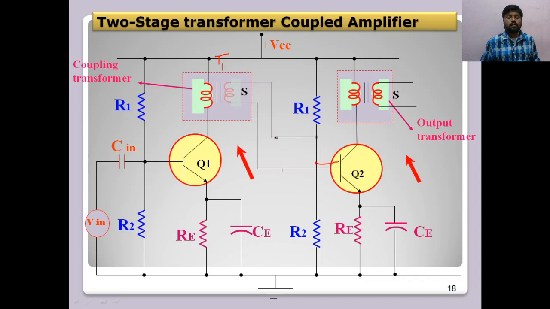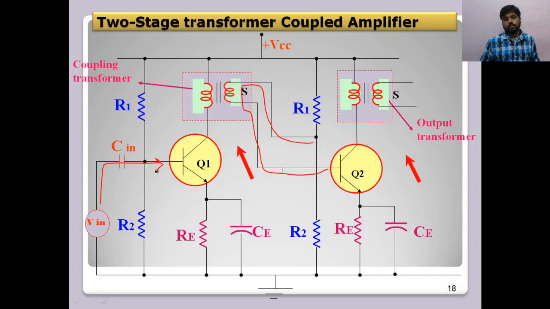It was there in an RC coupled amplifier, but here this wire is replaced with the secondary of the transformer coil, replacing the wire between R1 R2 and the base of Q2. So here it is a transformer secondary coil.